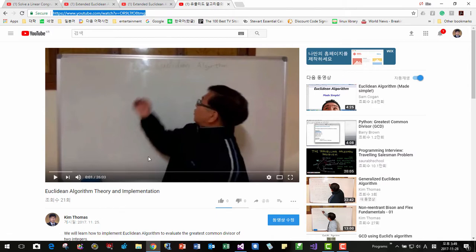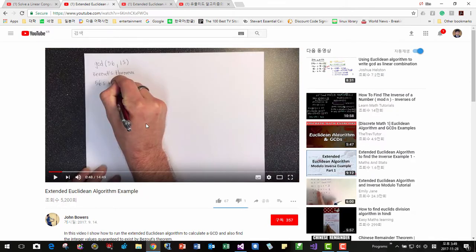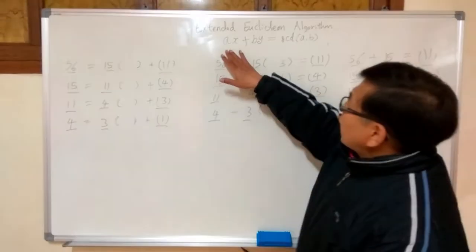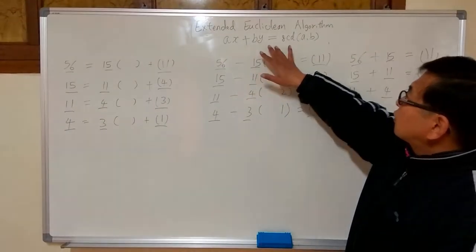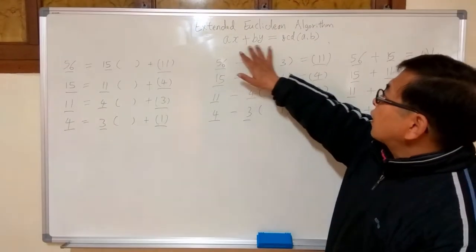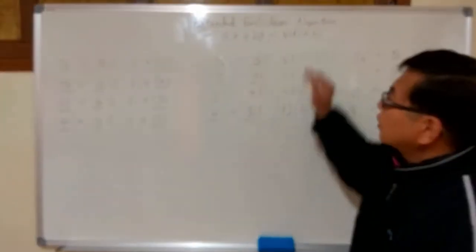My video can be a lot of help. After watching those videos, please watch my explanation of how to implement the extended Euclidean algorithm. We are going to solve ax plus by equals GCD, with x and y unknown. This is the extended Euclidean algorithm.